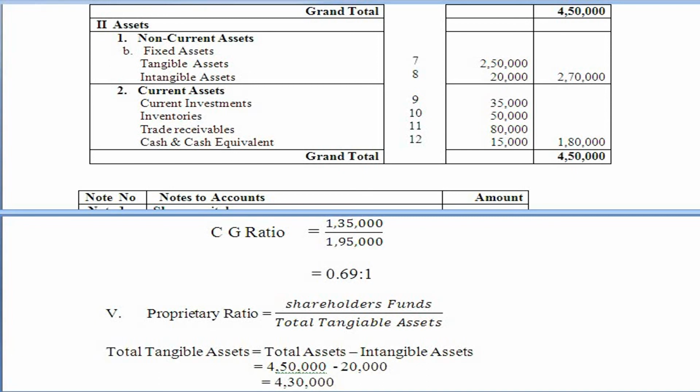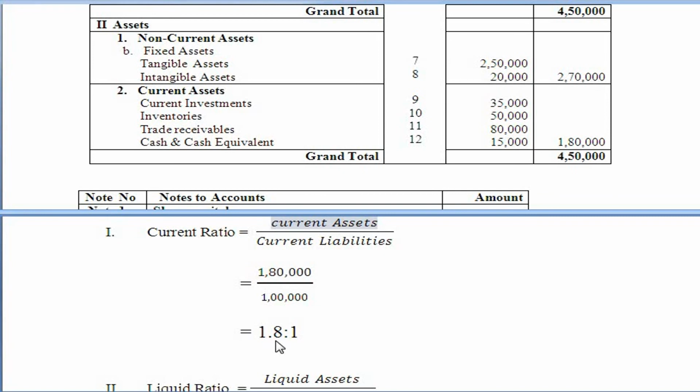So these are the calculation of ratios. First ratio what we have calculated? Liquidity ratios, in that current ratio and liquid ratio. We can check over here what is the answer we have got. Current ratio is 1.8:1, which is less than the standard ratio.